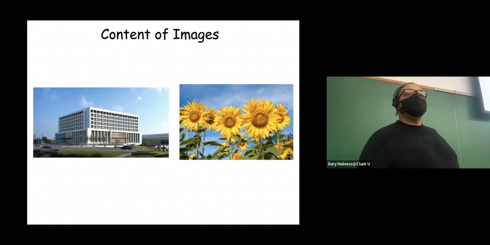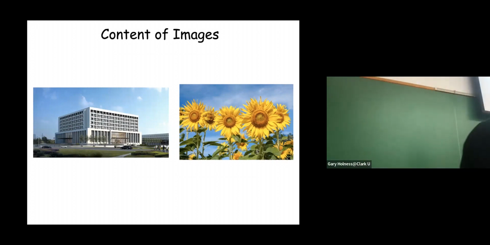We see lines. Now, for human engineered structures, the lines tend to be orthogonal. We have vertical lines. We have horizontal lines. Maybe they're a little bit slanted, but for the most part they're horizontal lines and vertical lines. Okay. For the sunflowers, we see curves, right?